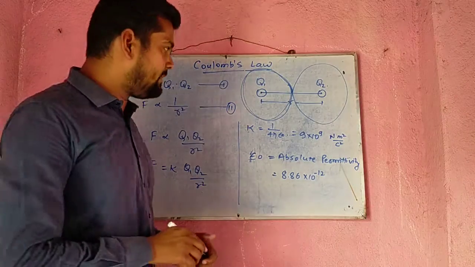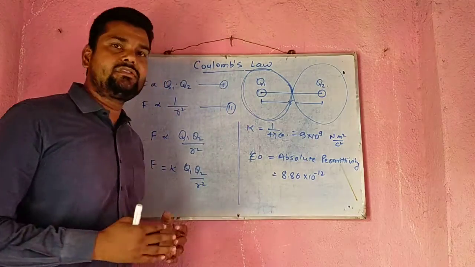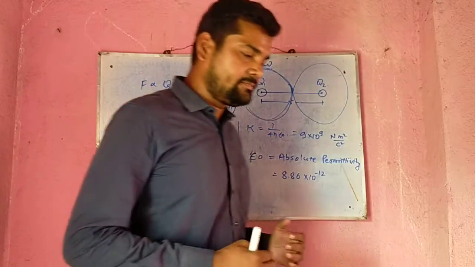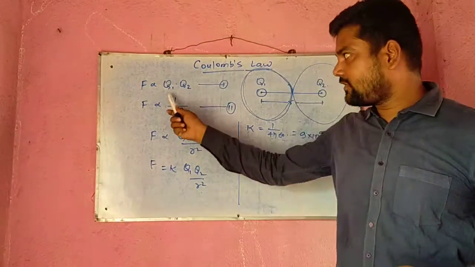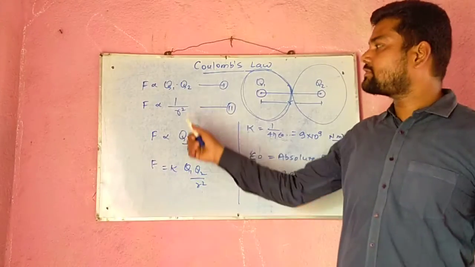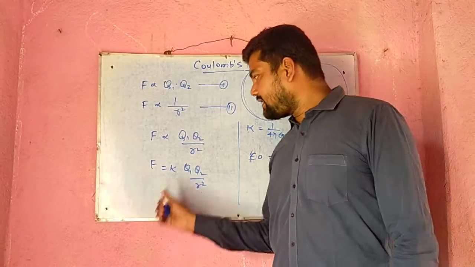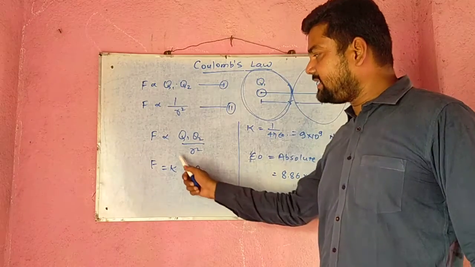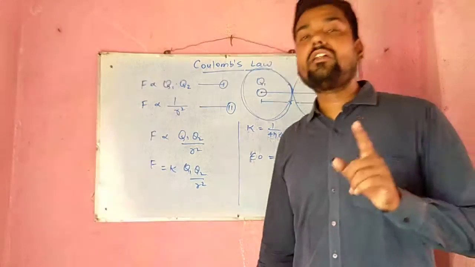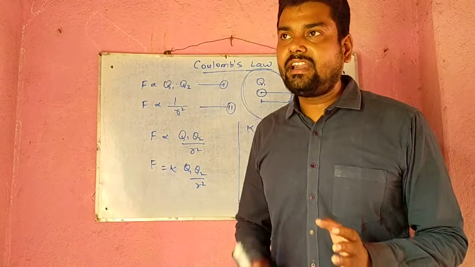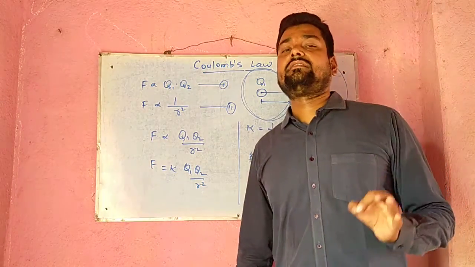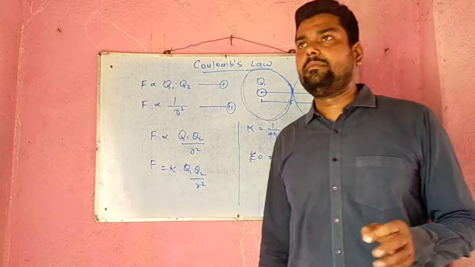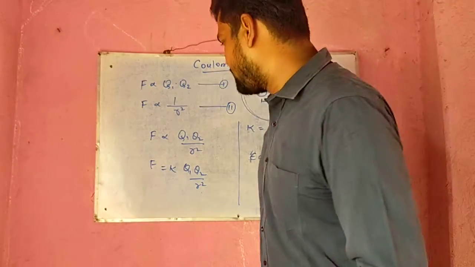So what does Coulomb actually say? That the force acting between two charges is directly proportional to the product of charges and inversely proportional to the square of distance between them. But apart from this, there is something else that also governs the force acting between two charges. Yes, that is nothing more than the medium, meaning in what medium we are going to keep them.